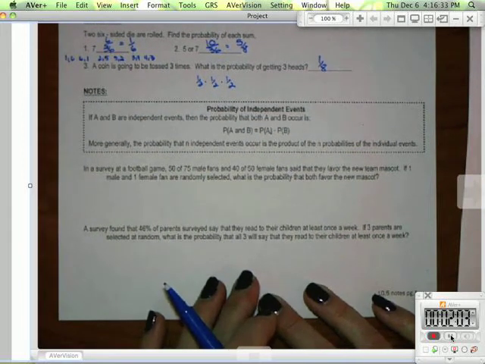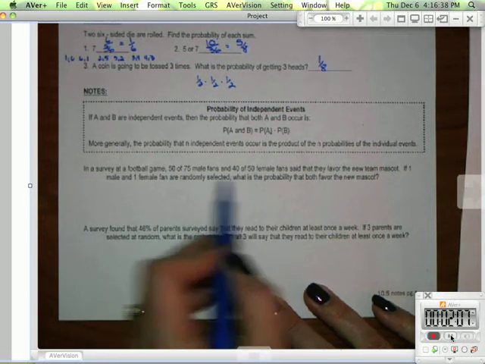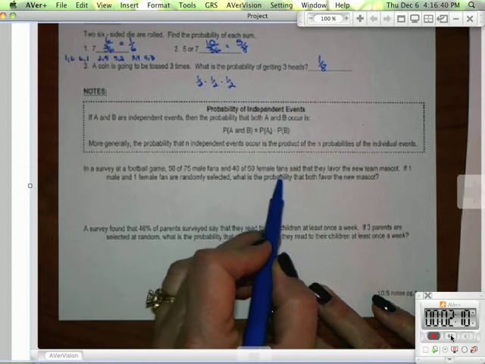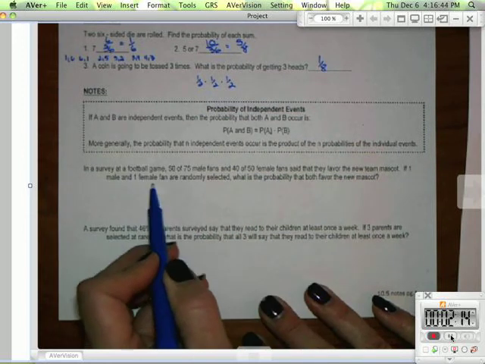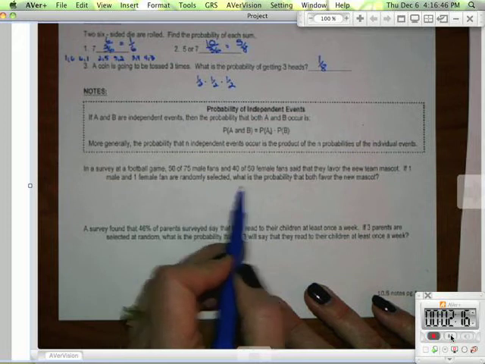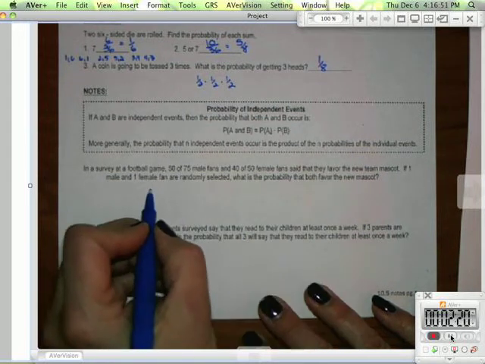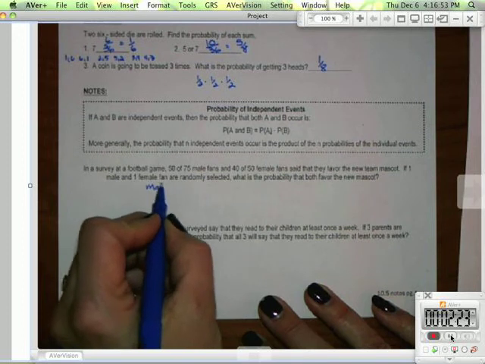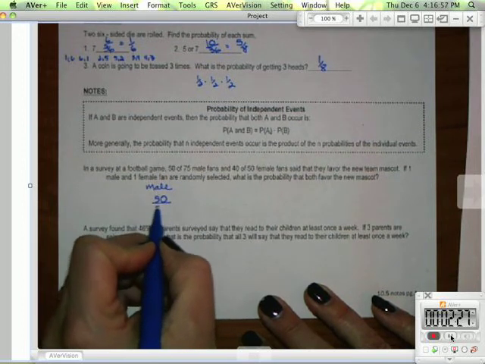In a survey at a football game, 50 of 75 male fans and 40 of 50 female fans said that they favored the new team mascot. If one male and one female fan are randomly selected, what's the probability that they both favor the new mascot? Well, for the males, it's 50 out of 75 that favor the mascot.